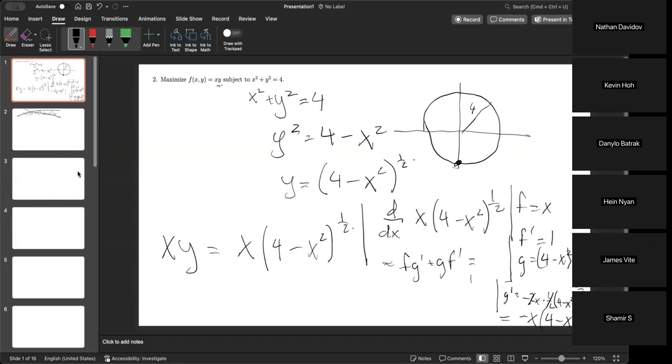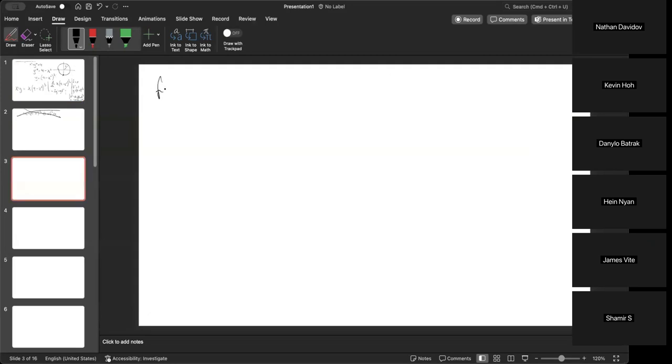implicit differentiation. So if f of x, y is x times y, then the derivative of xy is x times the derivative of y, dy dx.